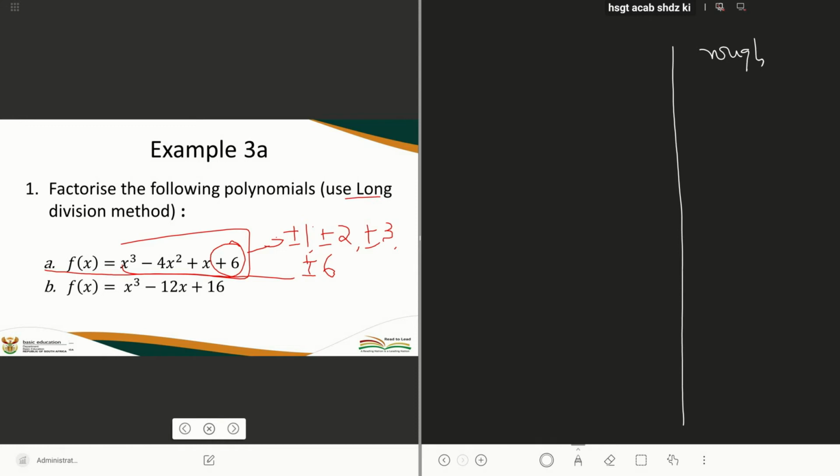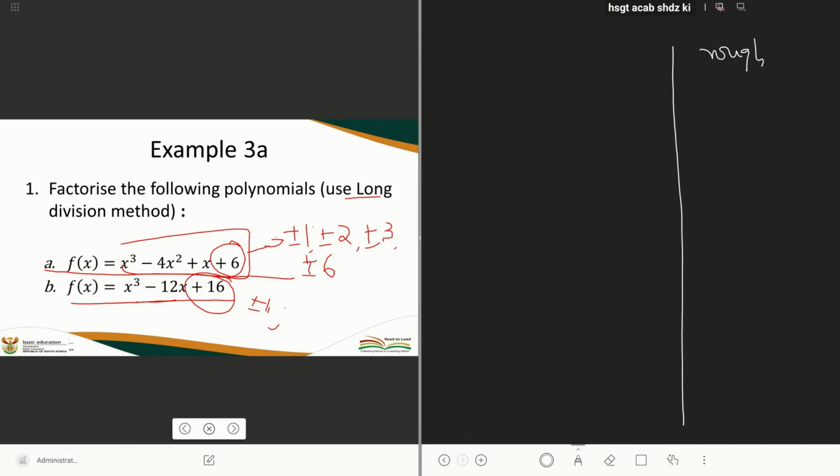Guys, you can always use your calculator. Feel free to use your calculator. Now, your f at x is equal to x cubed minus 12x plus 16. Remember, we said we need to find all the possible factors of what? Of 16.